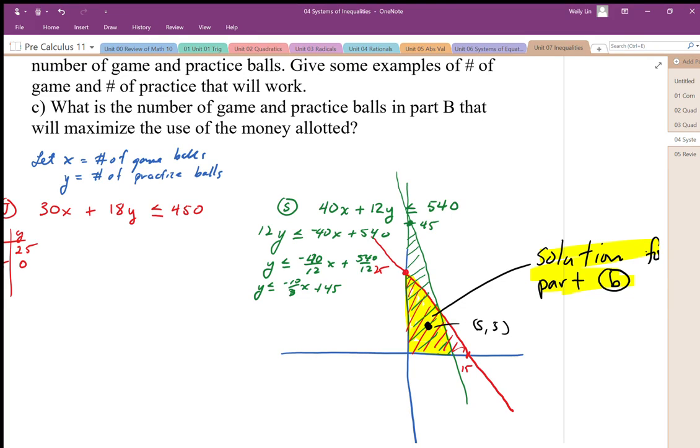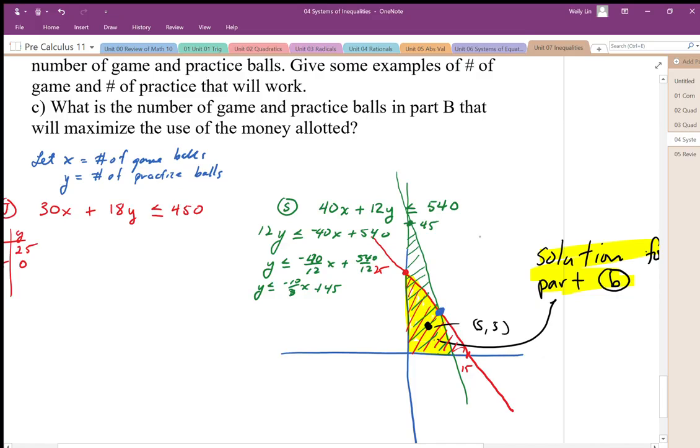They want to maximize the amount of money they're able to spend. So we need to figure out where both teams are going to spend the most, up to their maximum, but still have the same number of game and practice balls. Well, that would be represented by this point here, that vertex, where those two graphs meet.